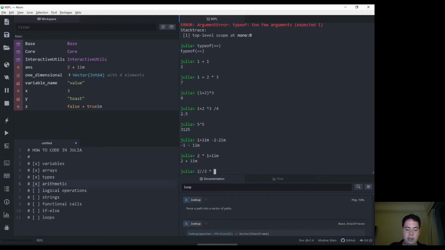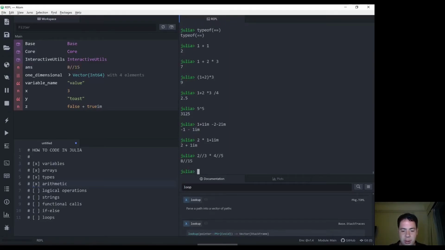So 2/3 times 4/5, for example. Actually, I wonder what happens if we do divided by 7/8. So you can get Julia to do your maths homework for you if you're in primary school. Though I'm sure you have to rearrange the equation yourself if you want to solve for the missing number. So that's some basic arithmetic to do with Julia.